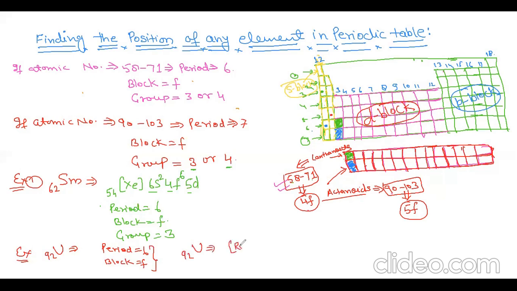Before that write Rn 86, then 7s2 and 5f4, and then 6d0. No electron in the d orbital, so this group number is 3.